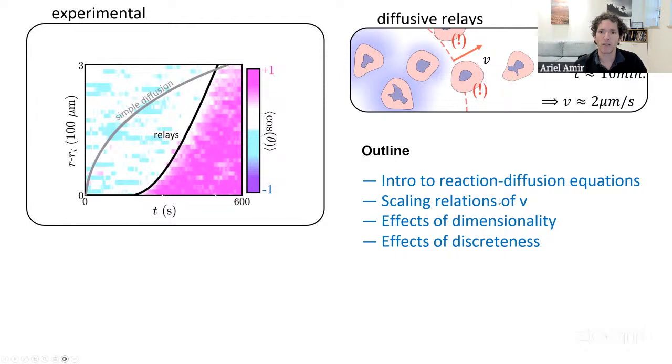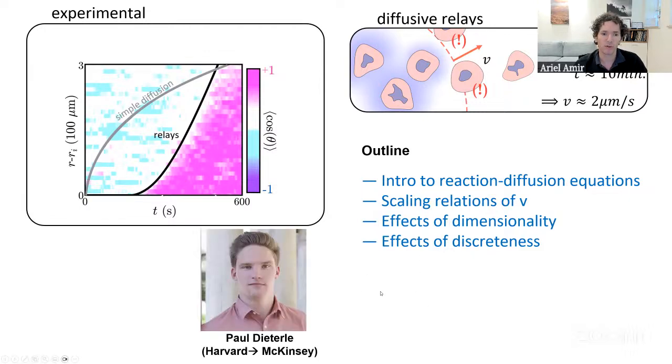All right, so in the next half an hour, I'll give you a brief introduction to reaction diffusion equations. I'll talk about the scaling relations of these information waves with the system dimensionality and other parameters. I'll talk about the perhaps counterintuitive effect of discreteness, the fact that cells are discrete entities. This was the work of a former PhD student at Harvard, Paul Dieterle.